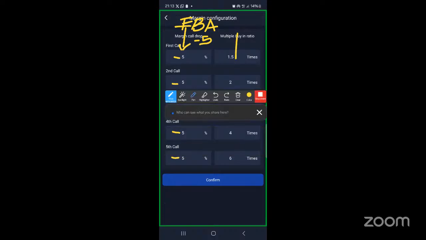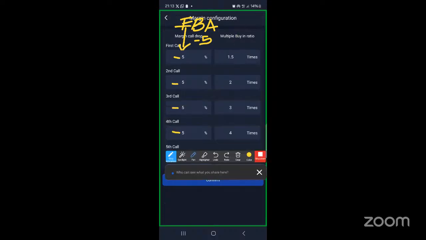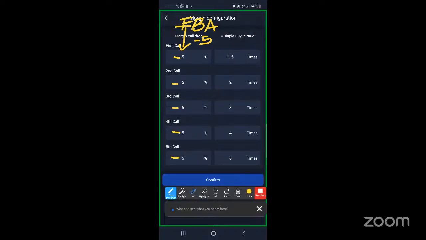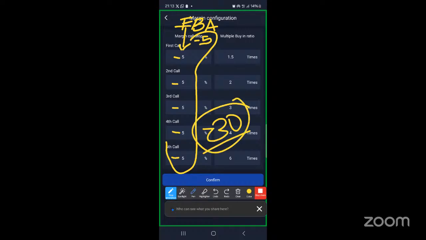What we want to establish first is that if we add all of them together, we arrive at negative 30. This is the total discount we're expecting the market to make. Before we make a first entry, we are setting a strategy. We're expecting that this coin will make a discount of 30%. So what are you going to do?